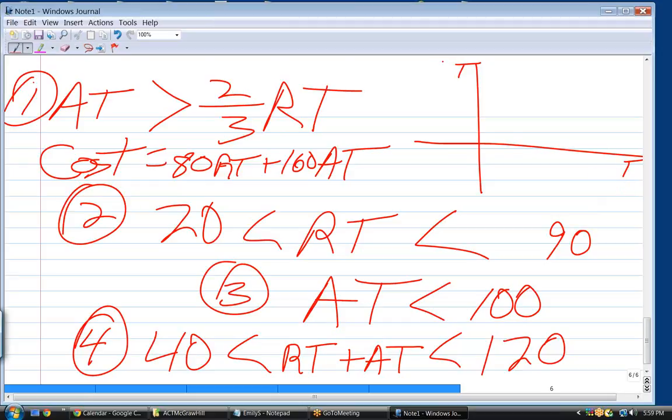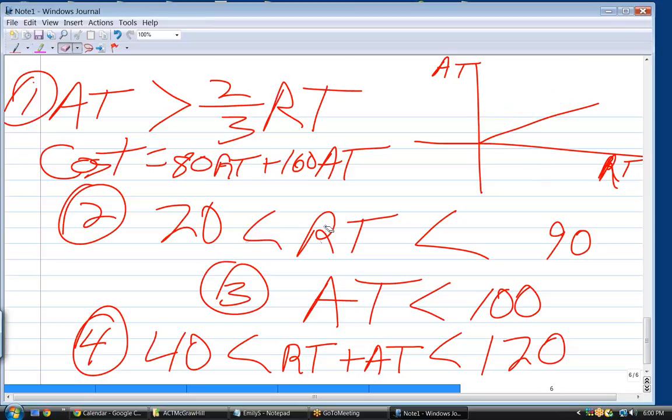In other words, Y is AT, X is RT. So Y equals 2/3 X. That would be a slope like that. So that's number one. AT has to be greater than RT, which means we're in this area here. With me? Yep, so far.